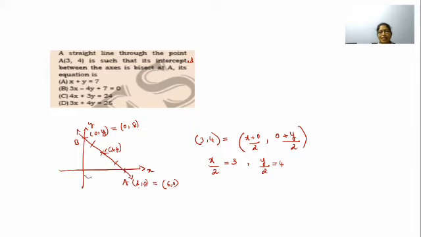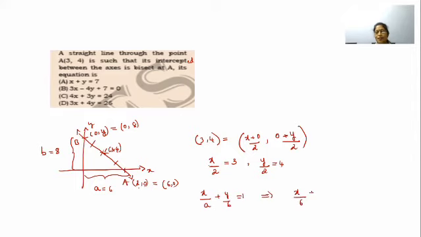This length is the x-intercept, which we usually denote by a, which is 6. And this length is the y-intercept b, which is 8. If you know the x and y-intercept, the required line should be of the form x by a plus y by b is equal to 1. Substitute here, your job is done.